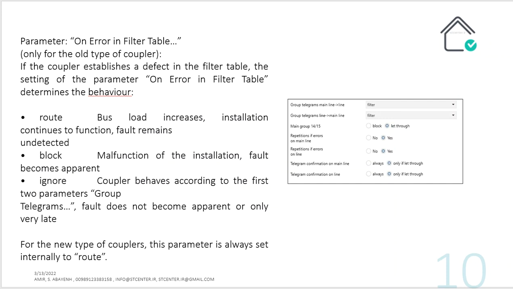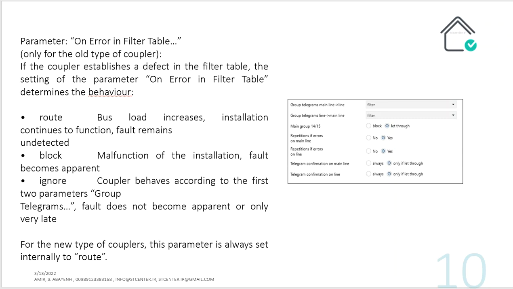But in the old filter table we also have the parameter called On error in filter table. This is only for the old type of couplers. If the coupler establishes a defect in the filter table, the setting of the parameter On error in filter table determines the behavior: route, block or ignore.